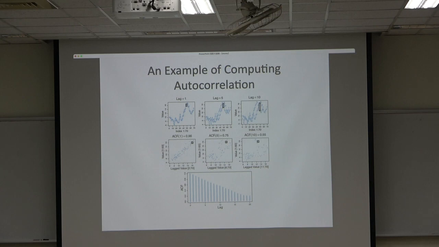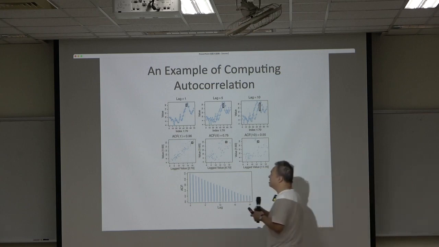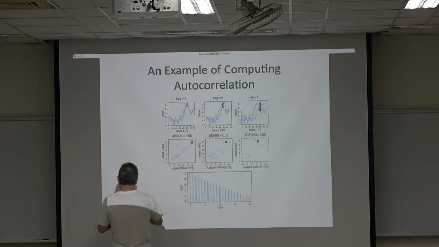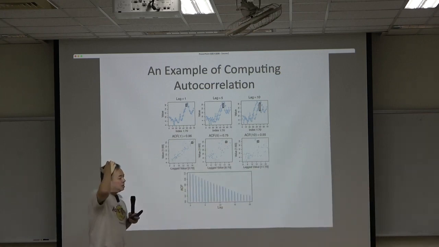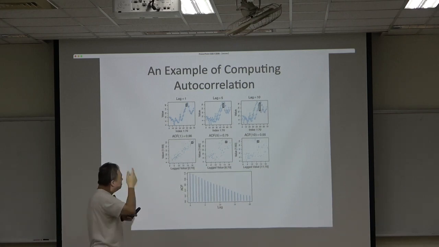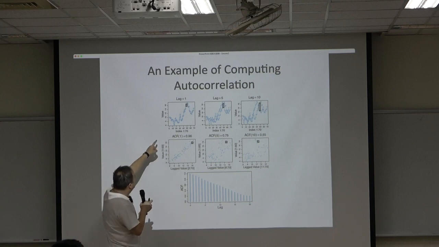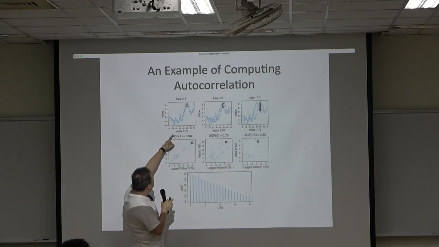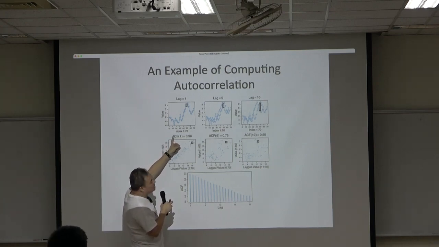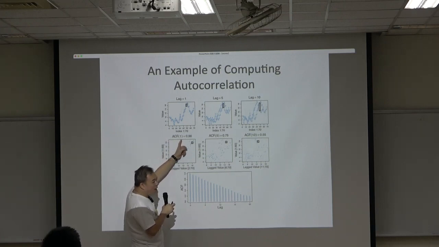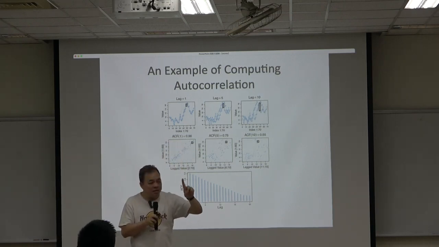So given a time series data, you can compute the autocorrelation by something like this. Here we have a time series, and this ACF means autocorrelation. This 1 means k equal to 1.